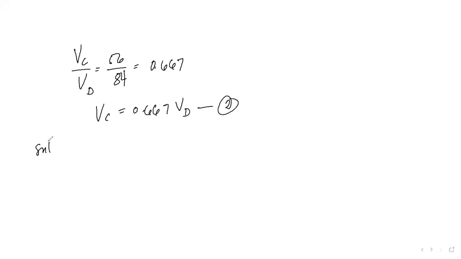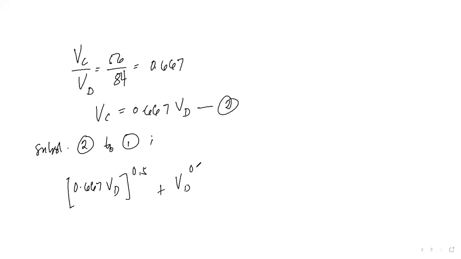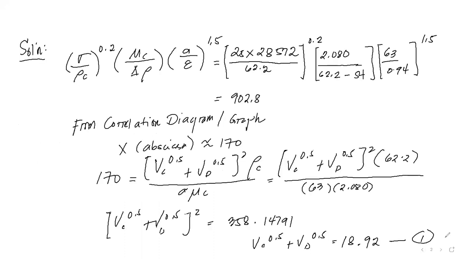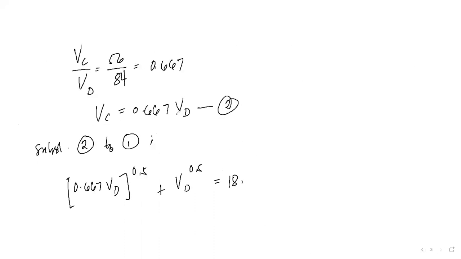So if we substitute 2 into 1, we have 0.667 V sub D raised to 0.5 plus V sub D raised to 0.5, this should be equal to 18.92.